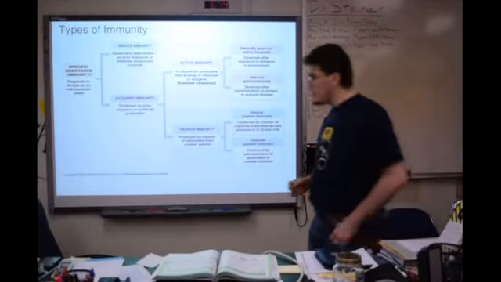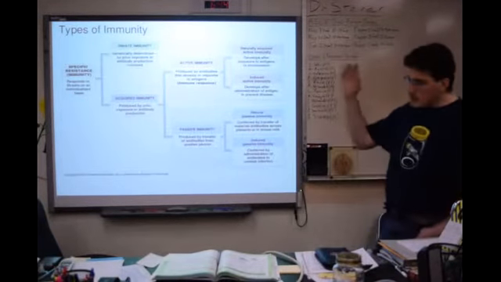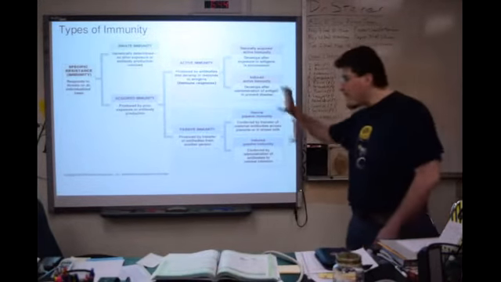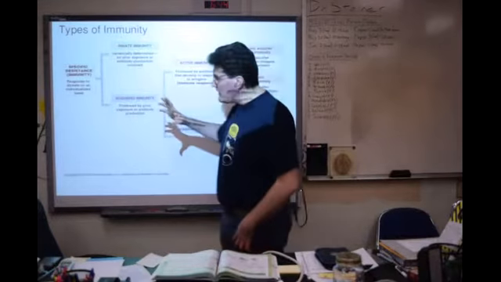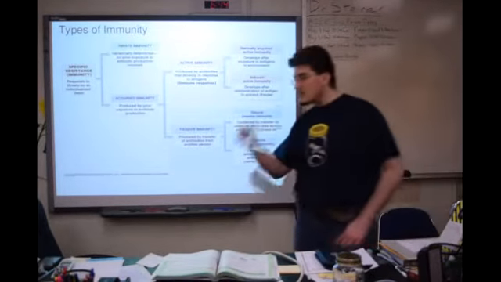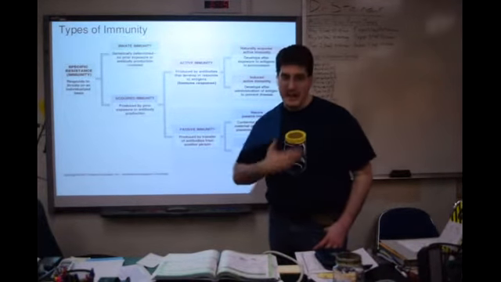So here are some types of immunity. Your specific resistance is when you respond to a threat on an individualized basis. And you can have some innate immunity with a genetically predetermined protection against a disease, like sickle cell trait gives you a resistance to dying from malaria.